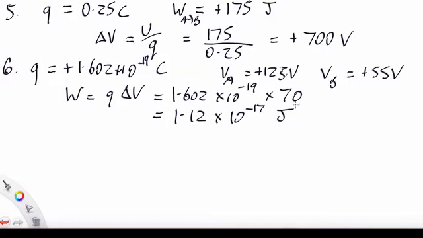And so the field has done positive work because that is where the proton wants to go. How would the answer change if it was an electron? Then the answer would be minus 1.12 by 10 to the -17 joules, just meaning that that would be the field doing negative work. And finally, question 7.